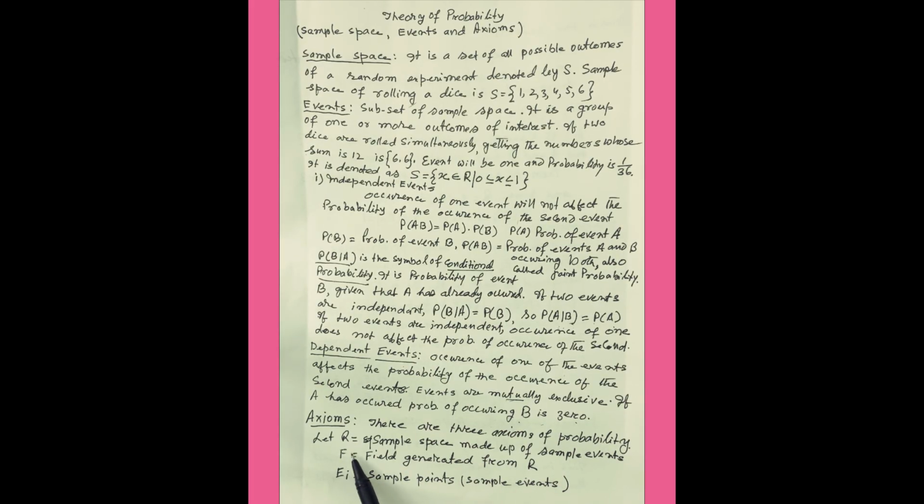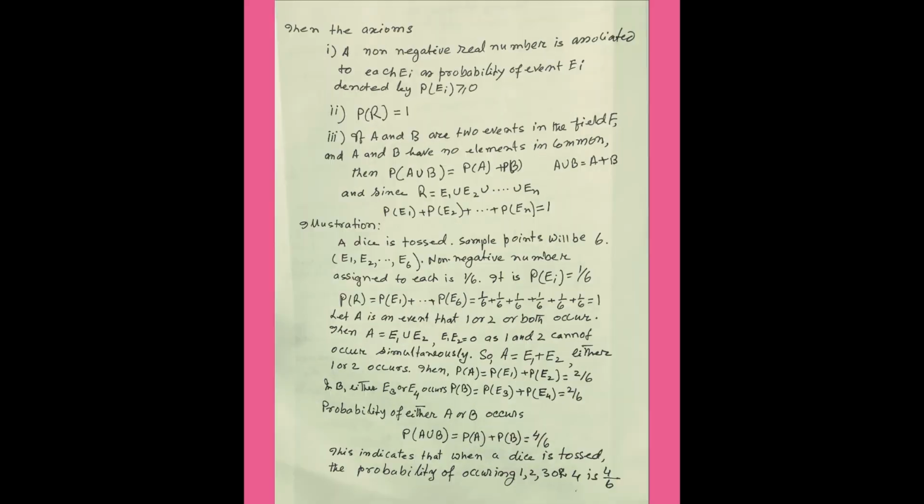So let R be the sample space made up of sample events. Suppose R is the sample space we have discussed, and F is the field generated from R, and Ei are sample points or sample events. Okay, let us continue.